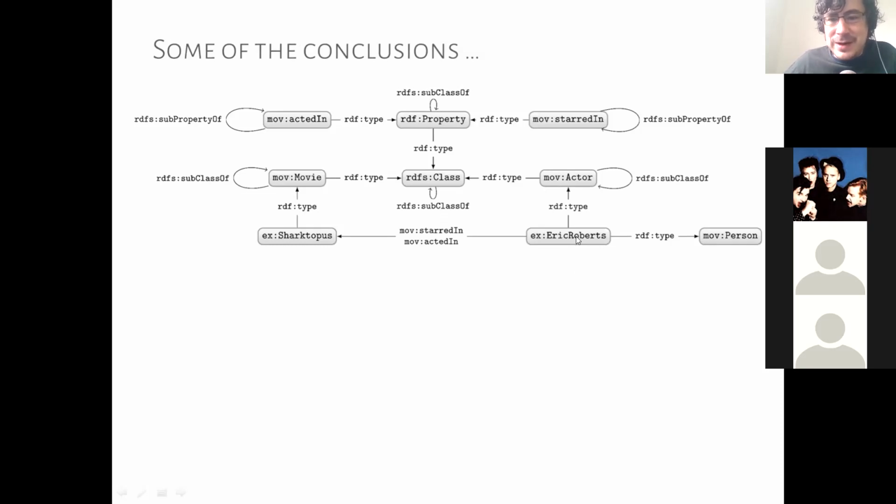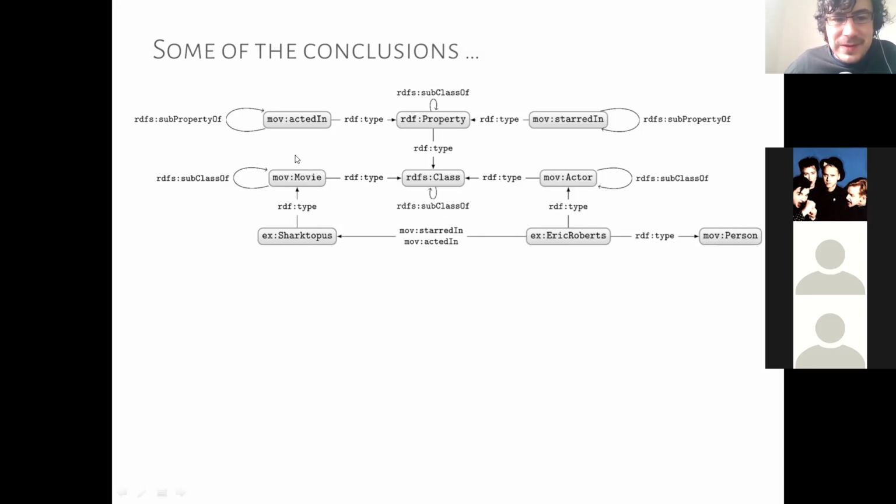So we say that Eric Roberts we've entailed to be an actor, to be a person, to have starred in and acted in Sharktopus, where Sharktopus is a movie. Okay, this is the most interesting stuff. But we can also infer a bunch of other stuff using the RDFS vocabulary.